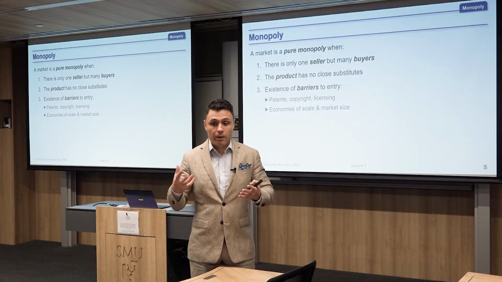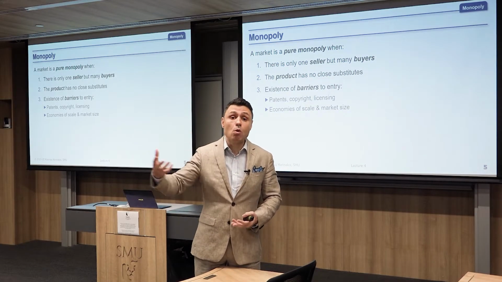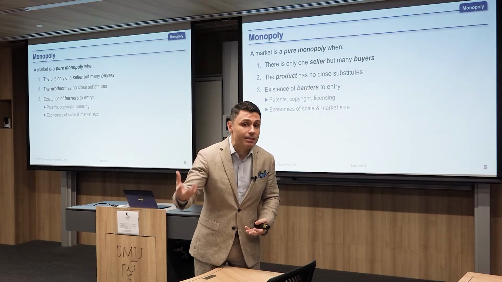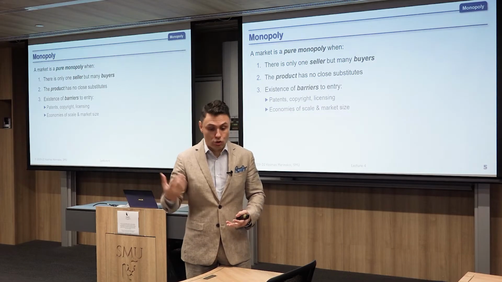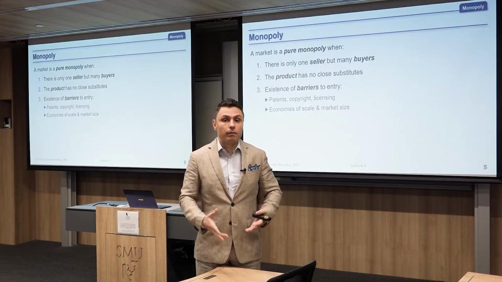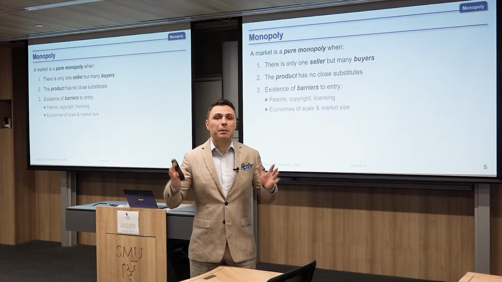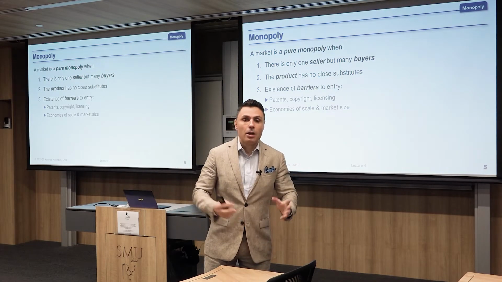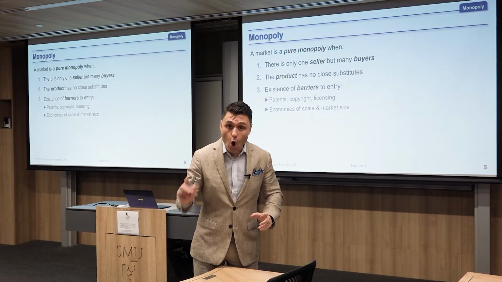So because the economies of scale need you to be big, and the market cannot take more than one big firm, in other words, it doesn't have the necessary high demand to allow two firms to serve this demand, therefore, in this case, we tend to have a monopoly. In some particular cases that we are going to talk about in two lectures from today, we name those monopolies natural monopolies, but not always.